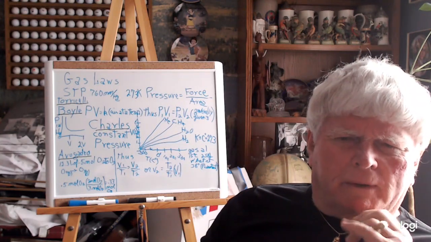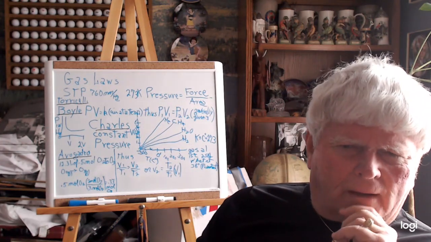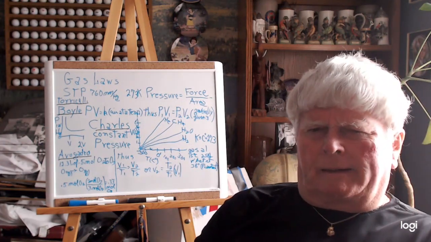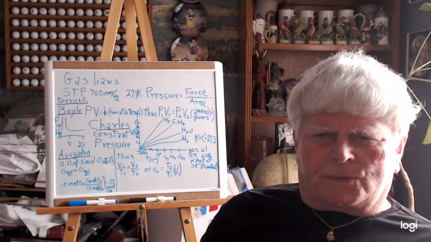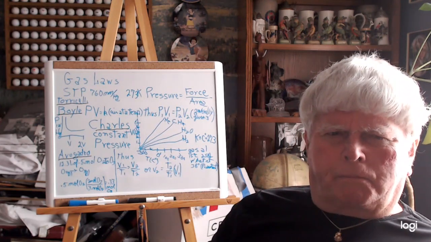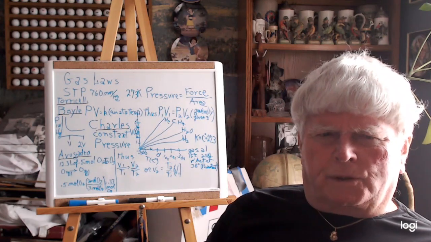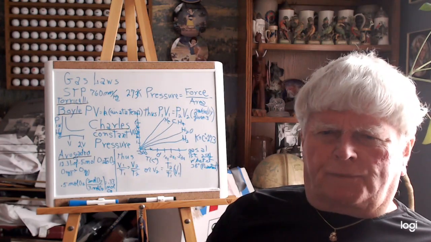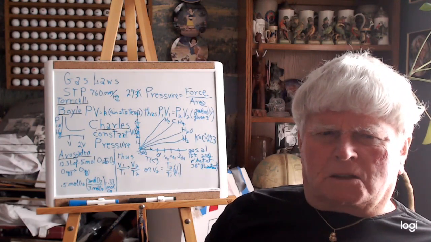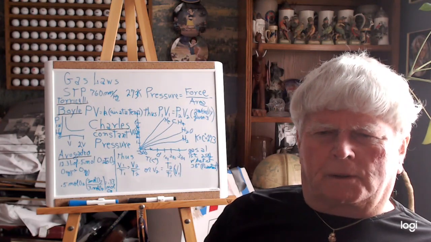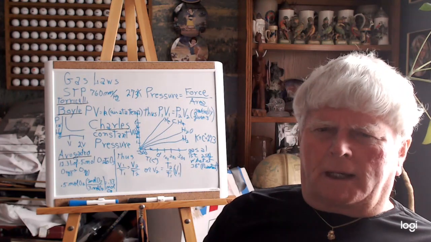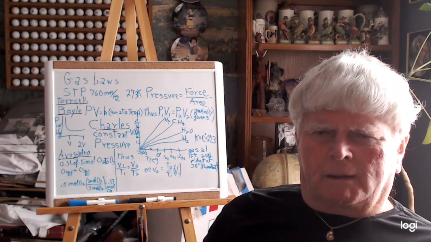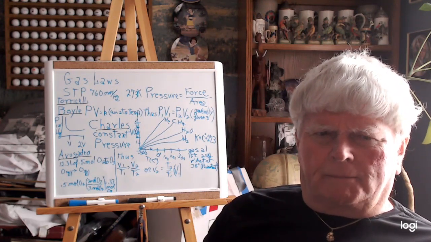If you know 3 of those, you can solve for the other one. This is almost junior high algebra: if you know pressure 1, pressure 2, and volume 2, you can solve for volume 1. It's a straightforward and easy problem. So if you're terrified of mathematics, that should unterrify you, because you can all divide.